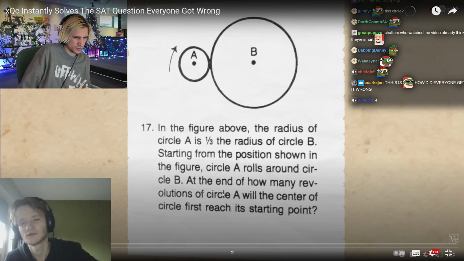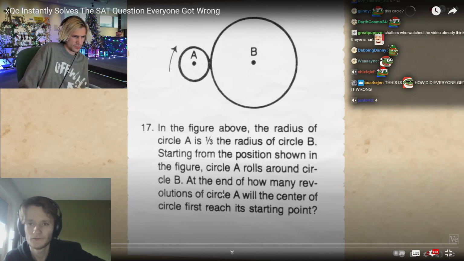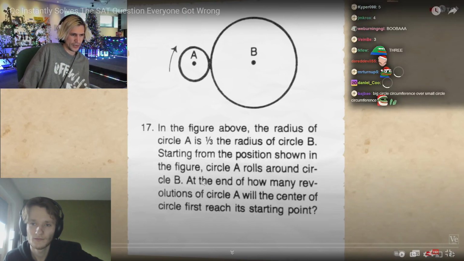It should be just 3. Chat is saying 4. Why 4?